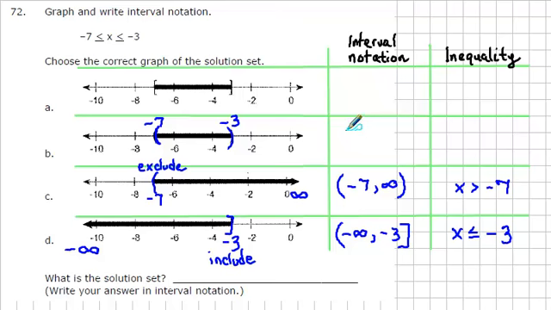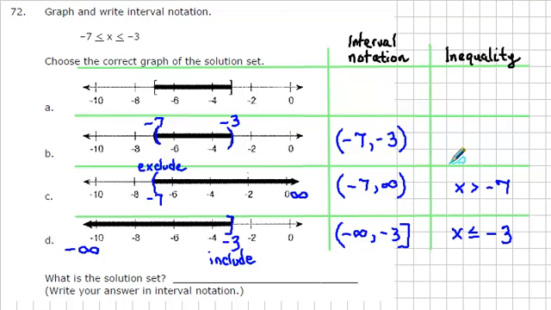So the way that we write the interval notation is we put -7, comma, -3, and then we put parentheses around those two numbers. This indicates the interval from -7 to -3, not including -7 and not including -3.